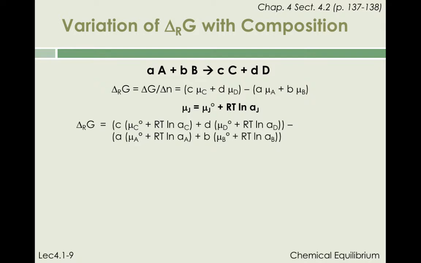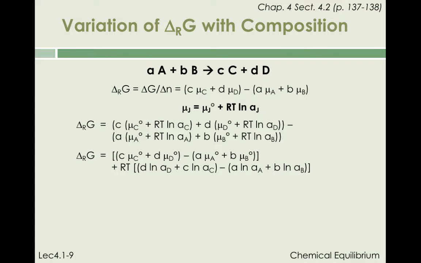This allows us to obtain an expression for delta Rg in terms of the standard chemical potentials for A, B, C, and D, the stoichiometric coefficients a, b, c, and d, and the activities for species A, B, C, and D. We group the various standard chemical potentials together and do the same for the natural log terms.